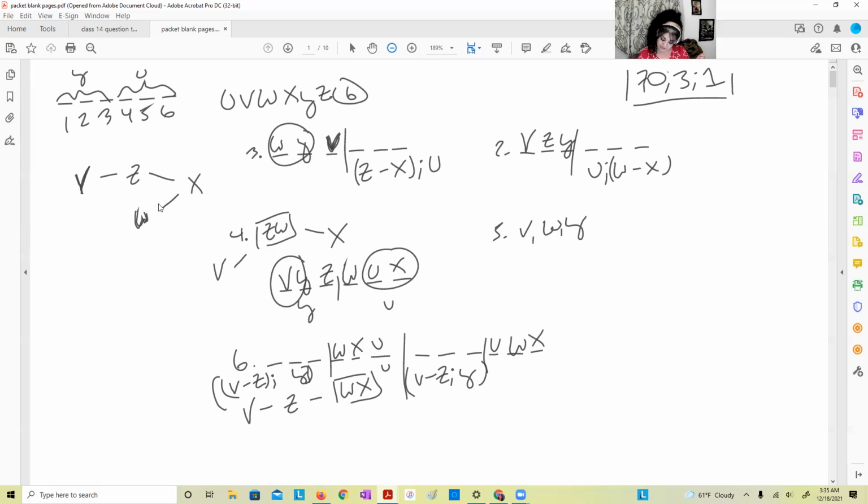C says V and W are each earlier than X. Well, that does have to be true. I don't think that's the substitute rule, but we'll leave it there for now. What about D, which says X is either immediately before or immediately after U? Well, that's not necessarily so.